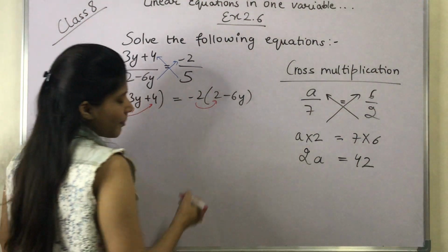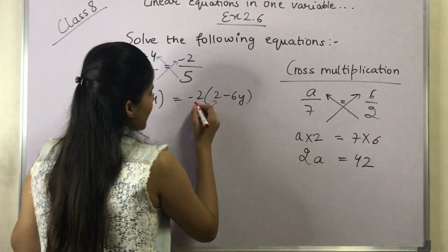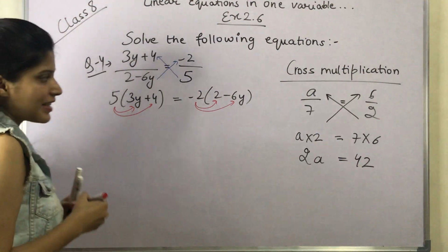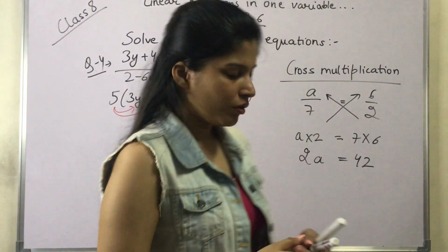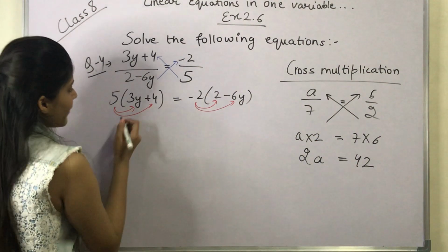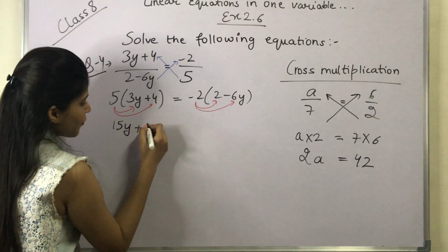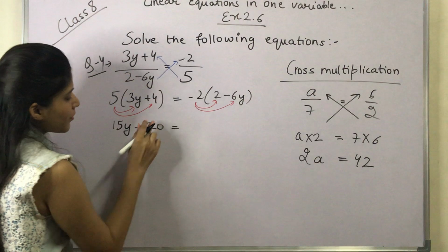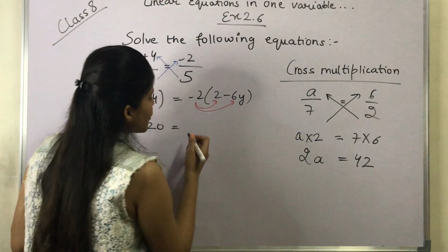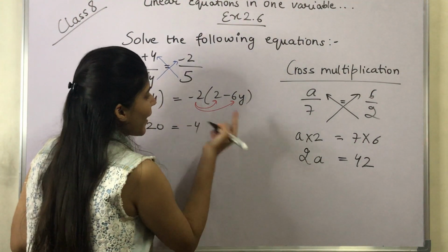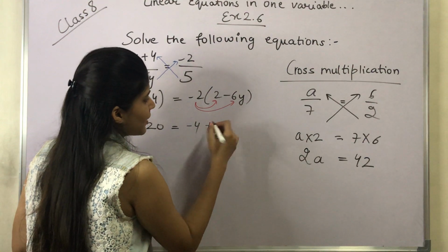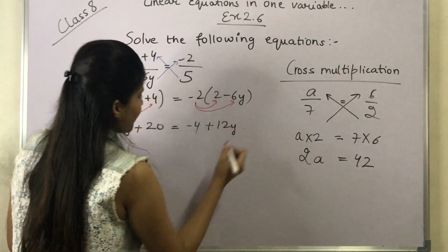Similarly, minus 2 will be multiplied by 2 first, then by minus 6y. So 5 into 3 is 15, so 15y plus 5 4s are 20 equals minus 2 into 2 is minus 4, minus 2 into minus 6 is plus 12y.